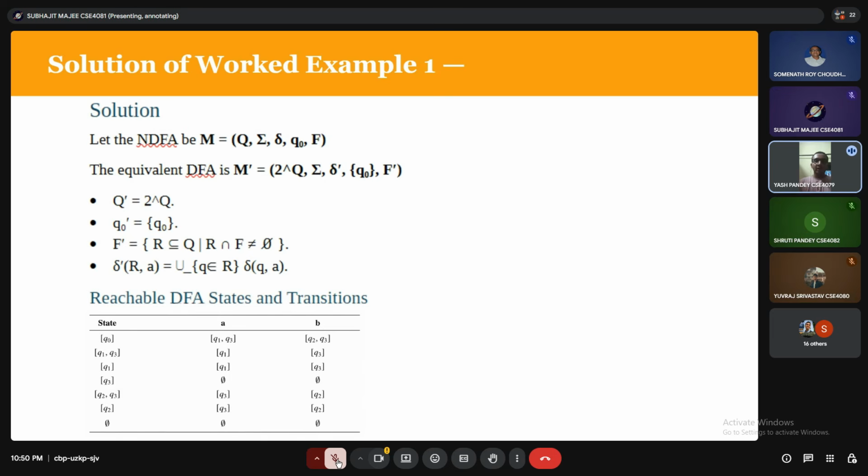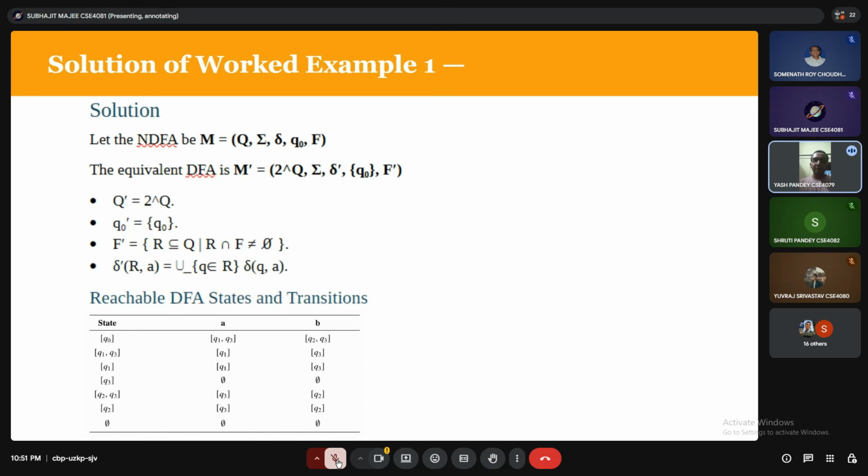So let's look at the solution for the first example. When we apply the subset construction method, our new DFA states are literal subsets of the NFA state set. First, we start with the initial subset, which is Q0, and look at the input A. The NFA transitions from Q0 to both Q1 and Q3, as you can see in the table.